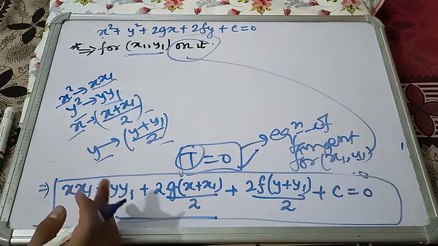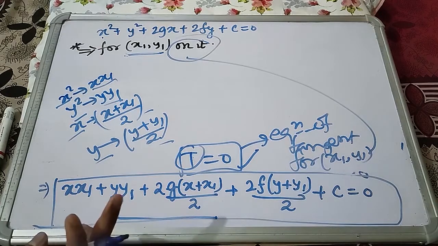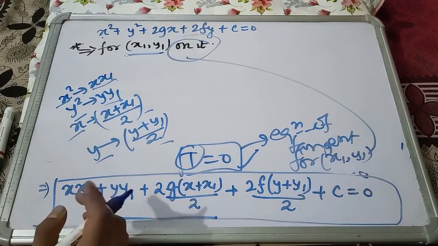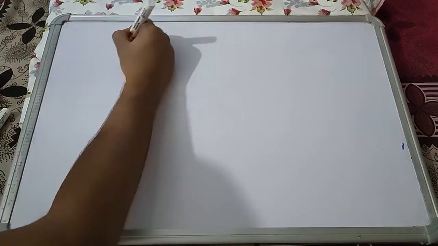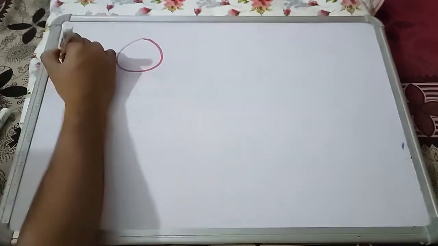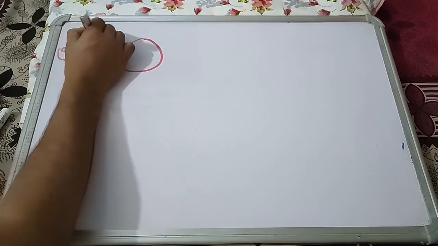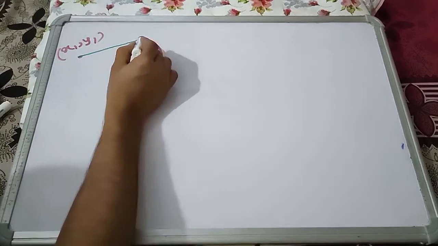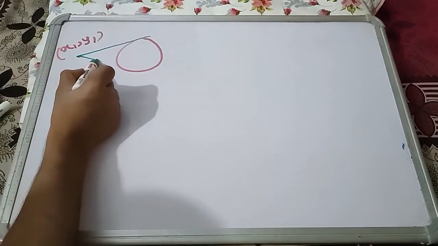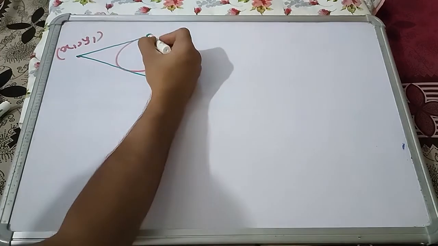Now let me tell you what I meant by the equation of the chord of contact. Suppose we have this circle and x1 comma y1 isn't lying on the circle this time, and this transforms the entire scene. If you draw two tangents from an external point, we can draw two tangents from an external point.